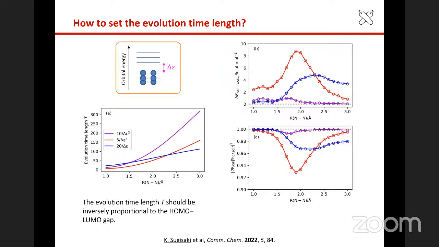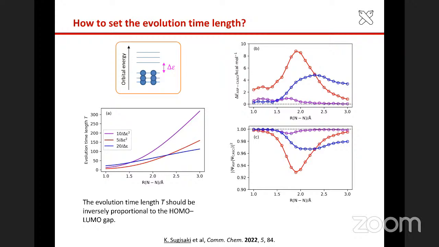So in this slide, I examine the evolution time dependence using this equation. The red one is the inverse square of the HOMO-LUMO gap. The purple one is also the inverse of the HOMO-LUMO gap. And this blue one is just the linear inverse of the HOMO-LUMO gap.